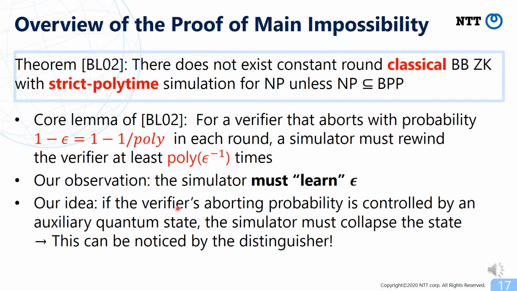If the verifier's aborting probability is controlled by an auxiliary quantum state, then the simulator must collapse the state because it must learn the aborting probability. On the other hand, we can show that such a collapsing doesn't happen in the real execution, and as a result, we can show that the difference can be noticed by the distinguisher, and this means that simulation fails.